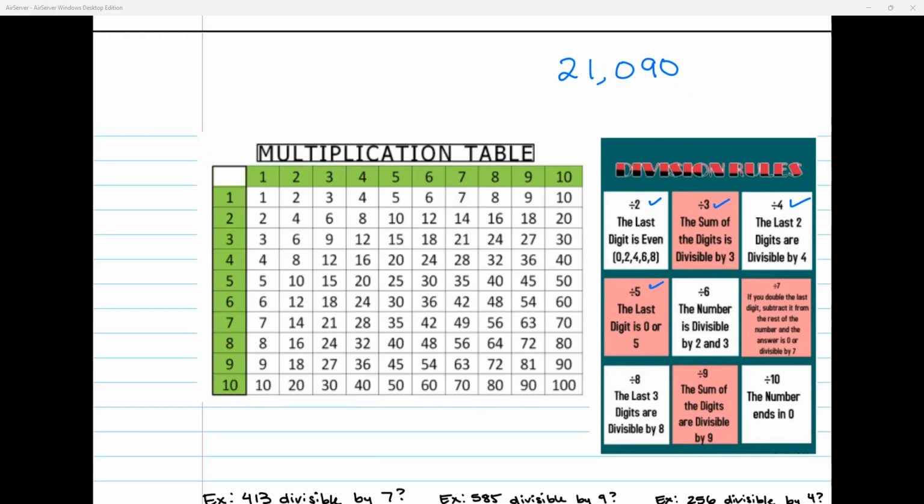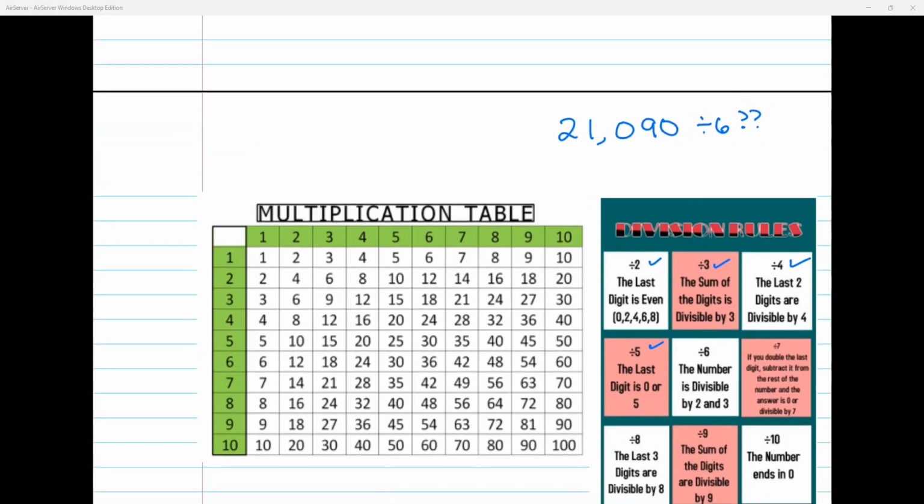So we got to backtrack. All right, let's see if this is divisible by 6. I'm going to put this here and I'm just going to put question mark. Well, if that's going to be true, then first it has to be divisible by 2. How do I know if it's divisible by 2? Well, if the last number is even. Is the last number even? The answer is yes. So far, I'm at a yes. It is divisible by 2. The next thing I need to check is if it's divisible by 3. How do I check if it's divisible by 3?